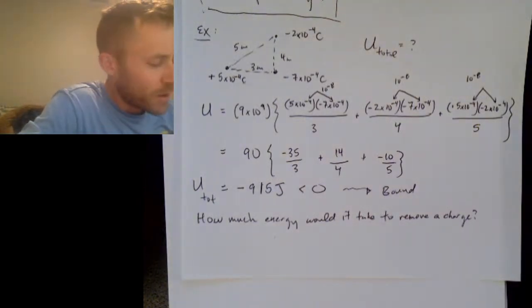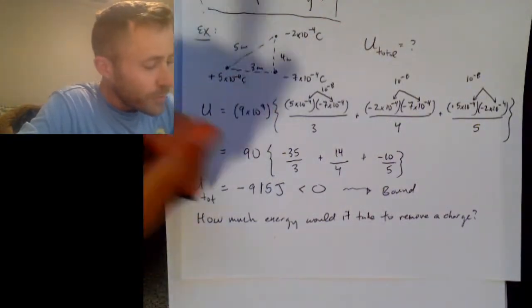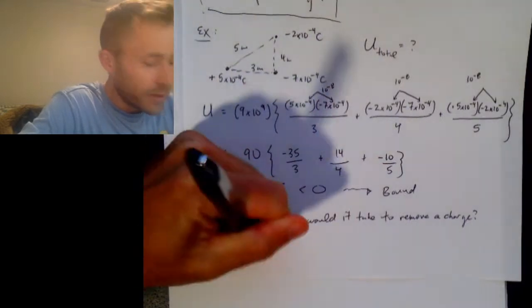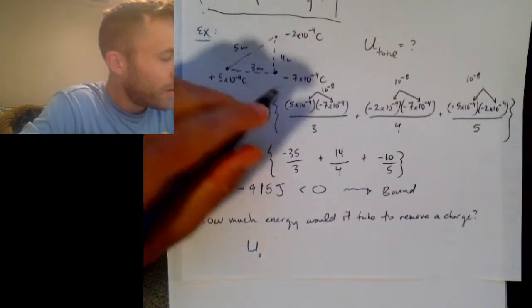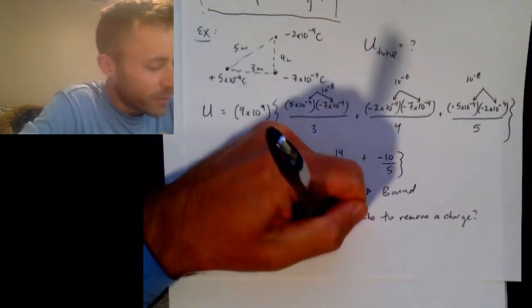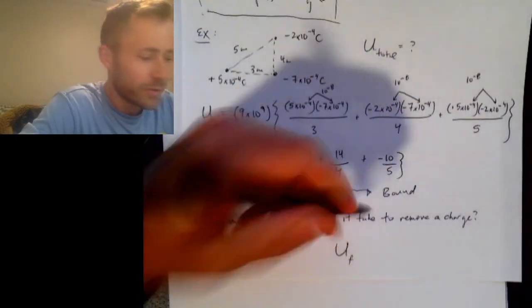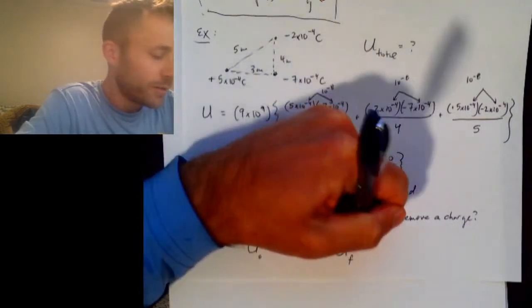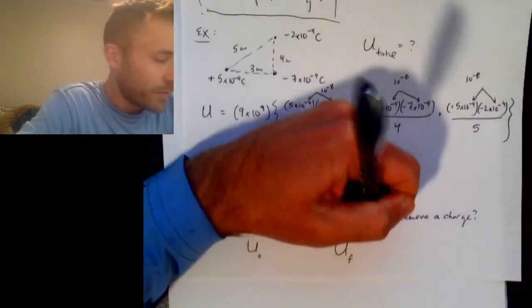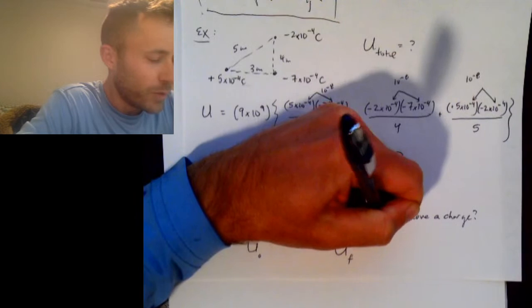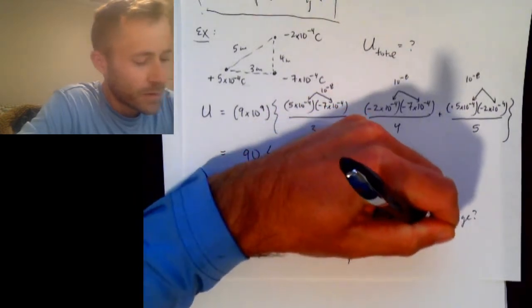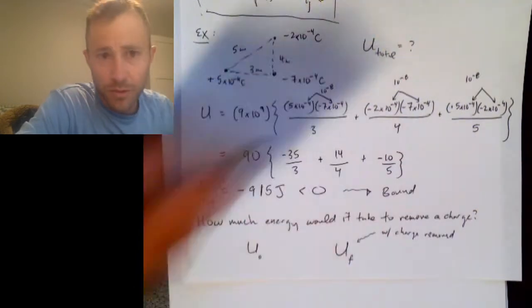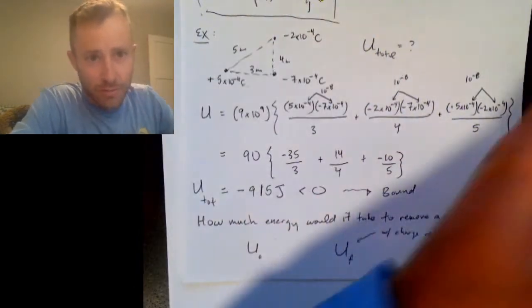Well, you start out with an initial amount of potential energy, and you end up with a different amount of potential energy. So U final is the potential energy with the charge removed. Obviously you could also do this with adding a charge.